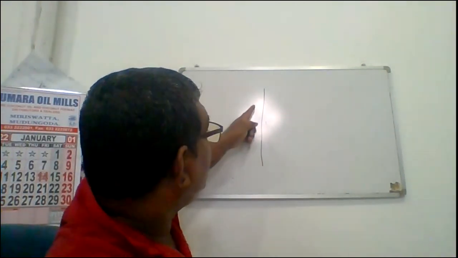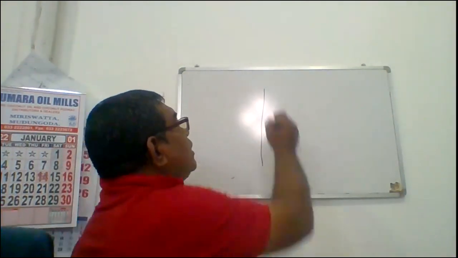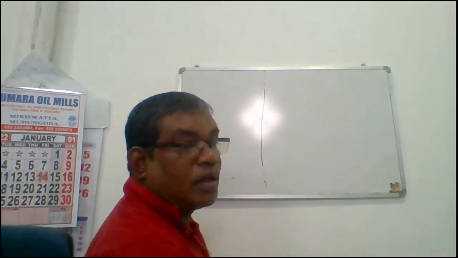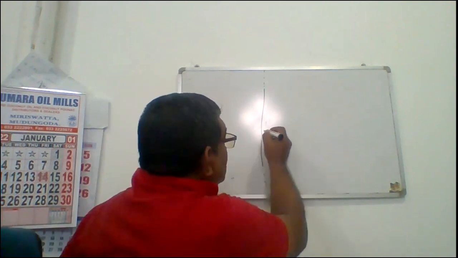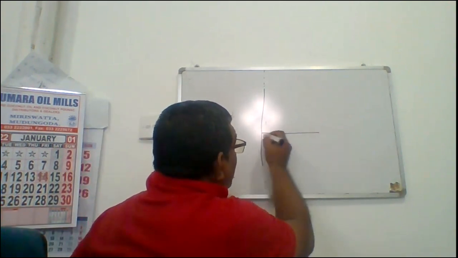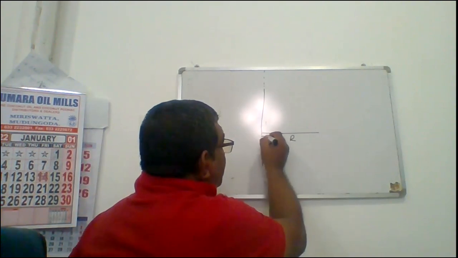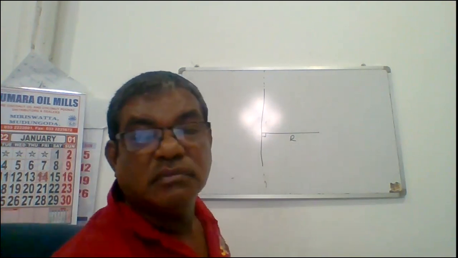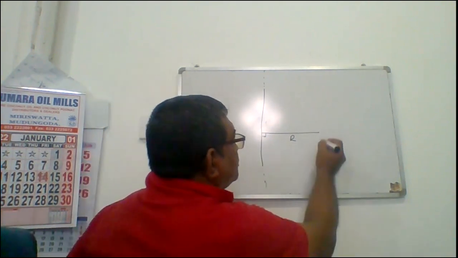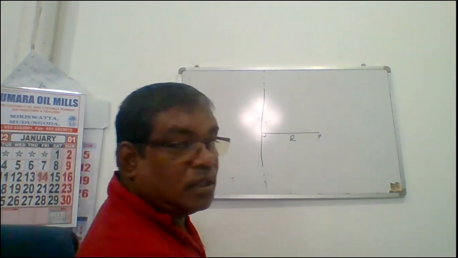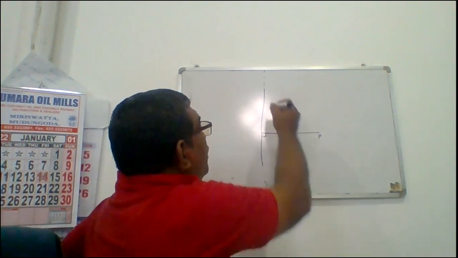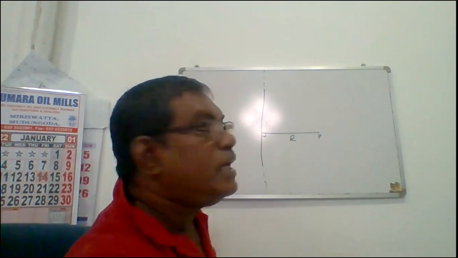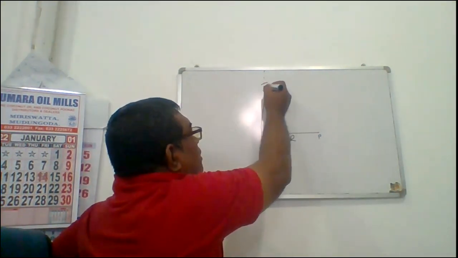This is an infinitely long current carrying conductor, never ending. We want to know the magnetic field at this perpendicular point, distance R from here, the point P. We take a small ds segment here.